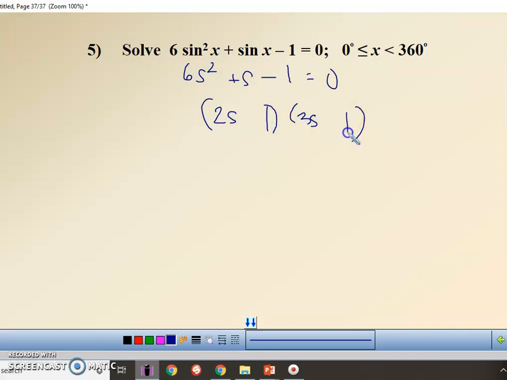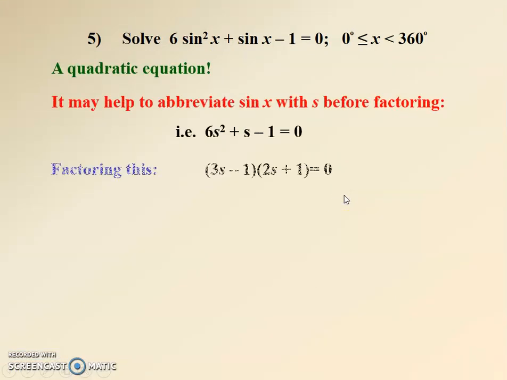We're going to get a 1 and a 1. We'll make this one a positive and this one a negative, and then we'll end up replacing those s's back with sine. So you get 2s plus 1 and 3s minus 1. However, that wasn't really s, so we're going to put those back, and so we have that we're going to solve for sine of theta equals 1/3 and sine of theta equal to -1/2.